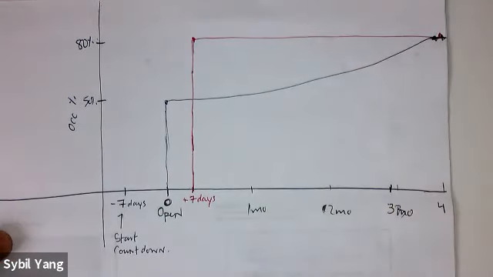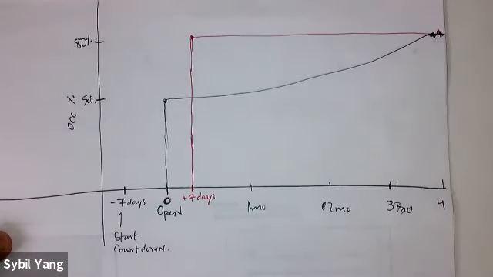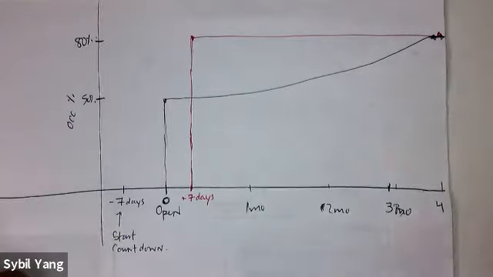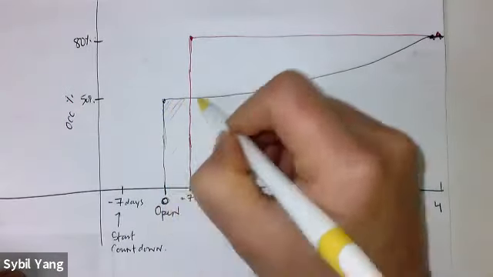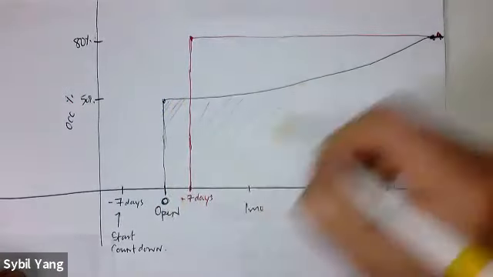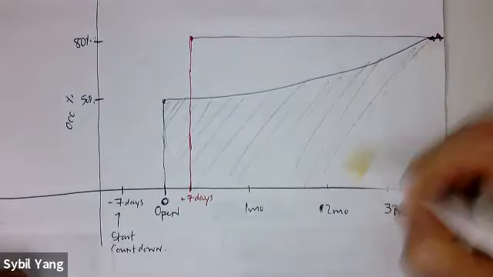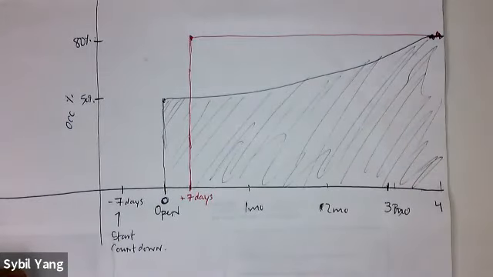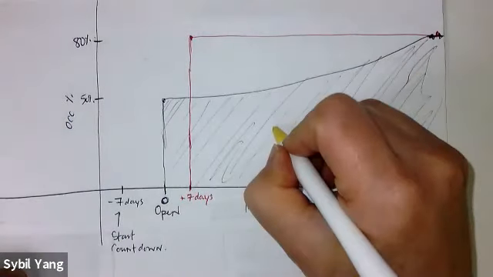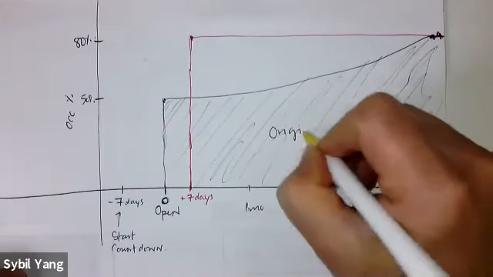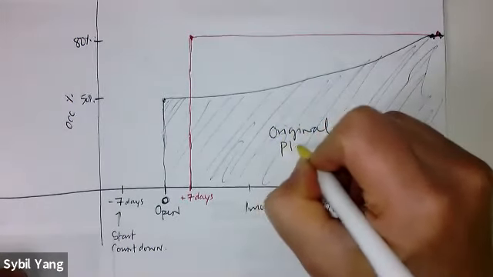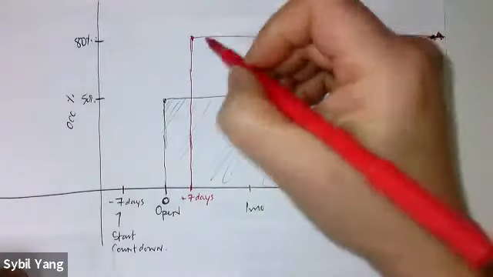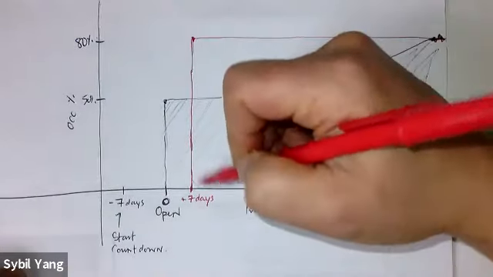Now, if we think of what money is to be made, this black area is the original plan. The new plan is this red area.